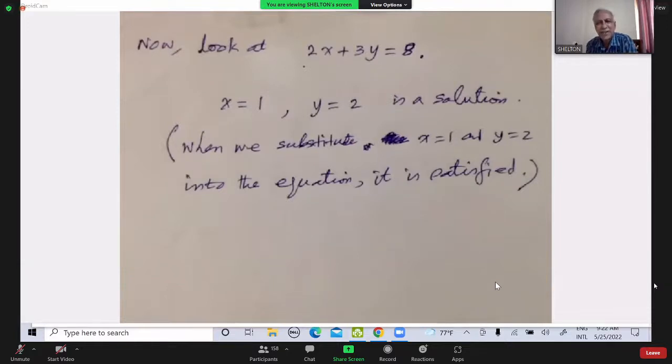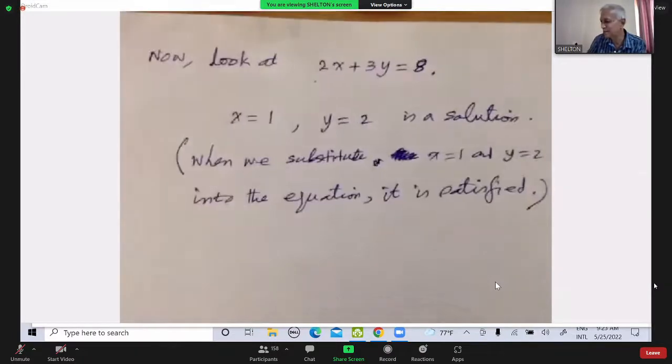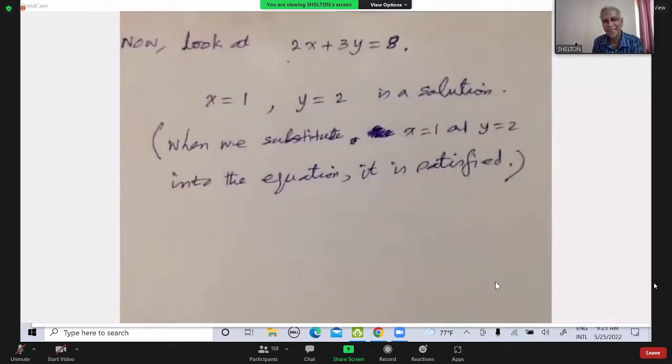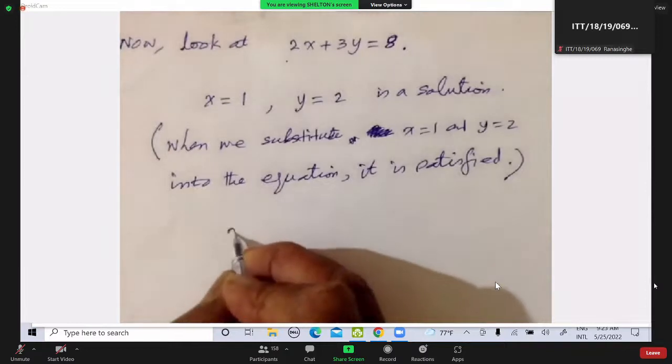Can you think of another solution? You pick, give me a value for x. There are two. It's like this. Let us take x to be 2.